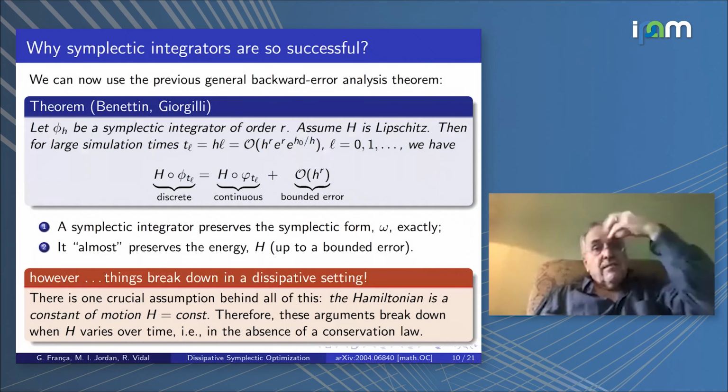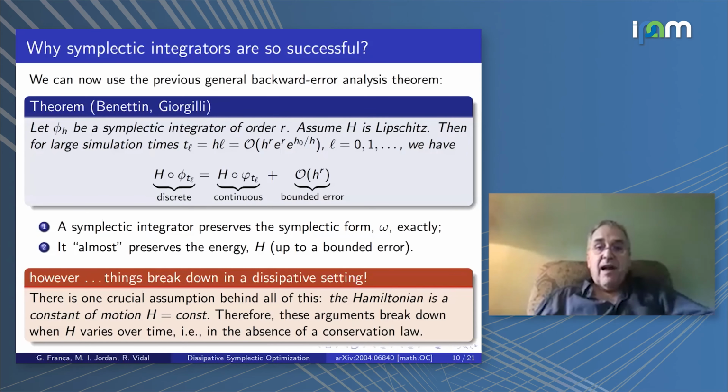Okay, so this provides the backdrop for why symplectic integrators are so successful in practice, because if you do the backward error analysis at this level of generality, you can show that the discrete system will have a continuous flow part of it, and it will have a bounded error.